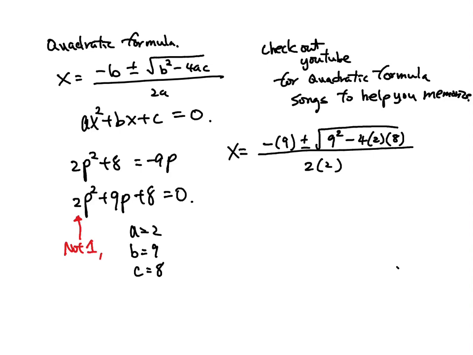I know the question asks to check the discriminant first, but the reason I won't do that until now is because the discriminant is embedded in the quadratic formula. This right here is the discriminant.